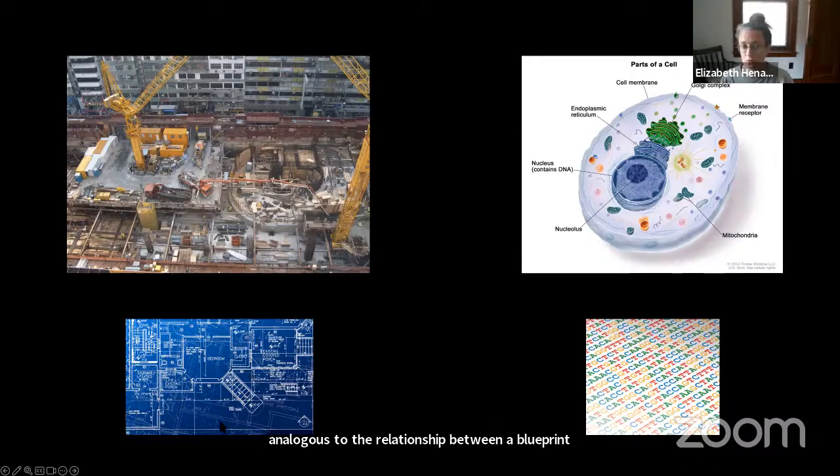A blueprint holds all of the information necessary to build a building, but it is not the building. It holds the instructions for the machinery in the construction site to assemble materials in the right order to be able to build a building.